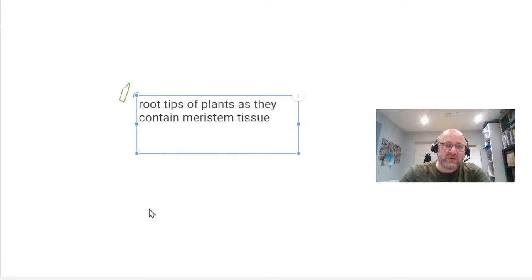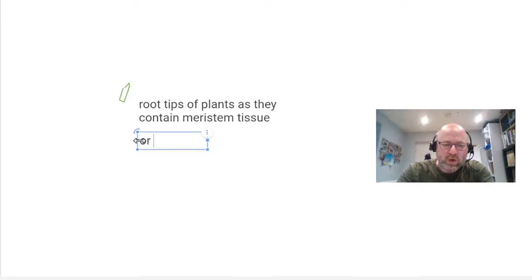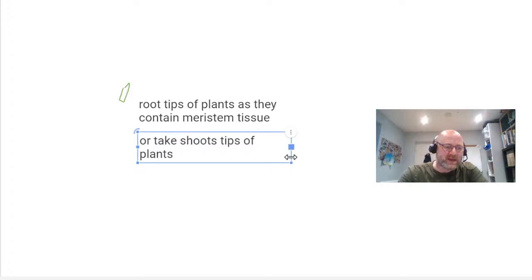You can also take shoot tips. So if you want to grow loads and loads of plants, take the root tips and the shoot tips.